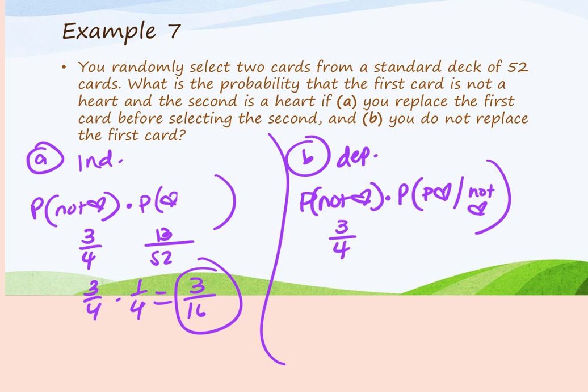So that would have been the same thing. Now, how many hearts are left if we pulled something other than a heart the first time? There's still 13 hearts left. So how many total cards are left? 51. So 3 actually goes into 51, 17 times, and I would get 13 over 68. Questions? Easy peasy.